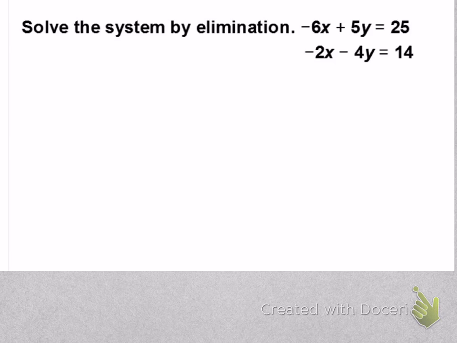In this next example, we have nothing that can cancel out, but we can multiply the bottom equation by negative 3 to end up with a positive 6, because negative 3 times negative 2 is positive 6.